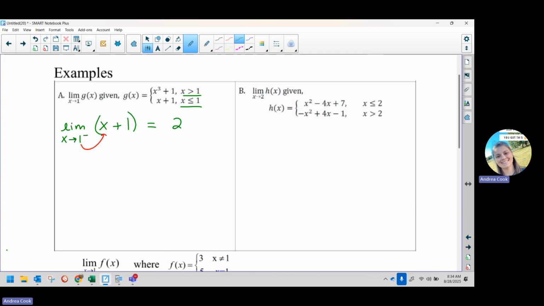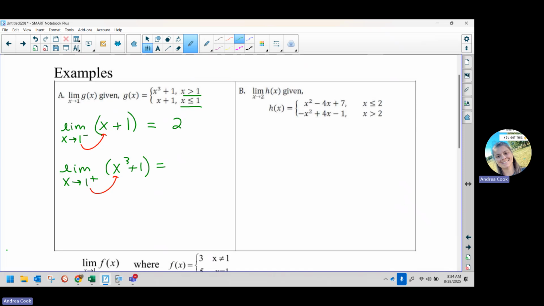Then I need to find the limit as x approaches 1 from the other side, which is from the right. So the right side is when we're bigger than 1. So that's the function x cubed plus 1. So when I do the direct substitution again, I take 1 and plug it in for that x.